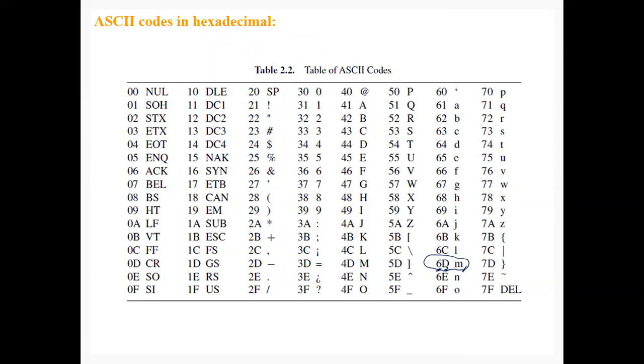If you want to find the zeros and ones for this, you can do the conversion from hex to binary. Then you see all zeros and ones. So little m can be represented by 6D, which is hexadecimal. If you want to see the details, all the zeros and ones, then you have to change the hex number to binary. So this is the ASCII code for the hexadecimal system.